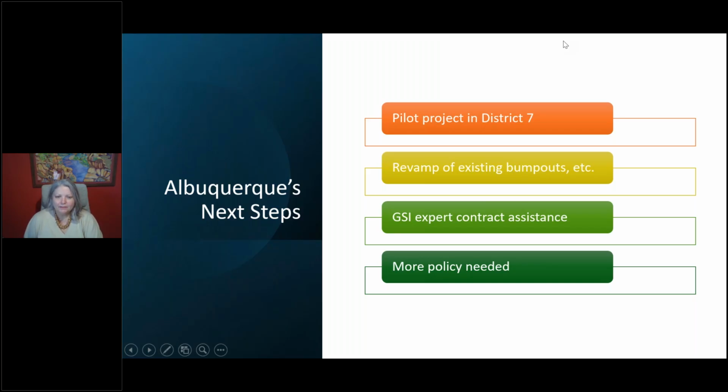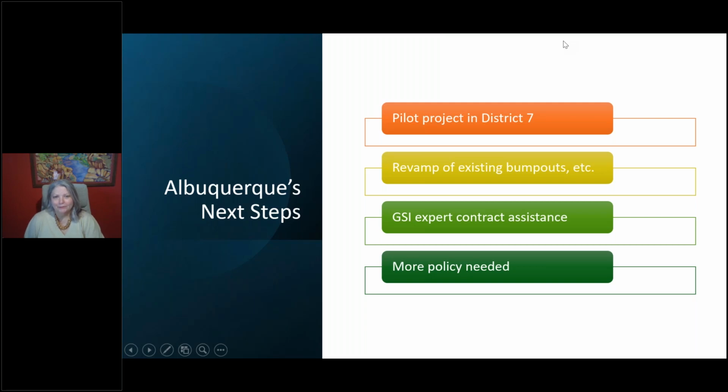But we've also decided to do some revamping of existing bump outs around the city that are not in my district, because I think it's important to show everywhere how nice and pretty these can be. I was able to negotiate and use my council directed sponsorship to have a GSI expert on contract with the city.